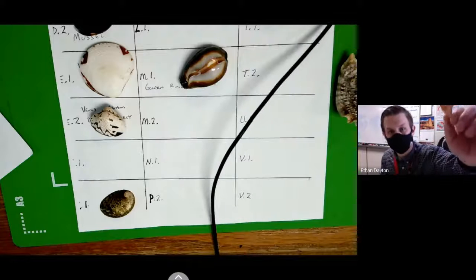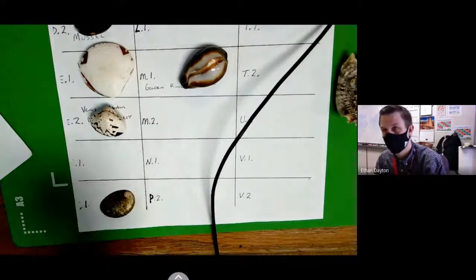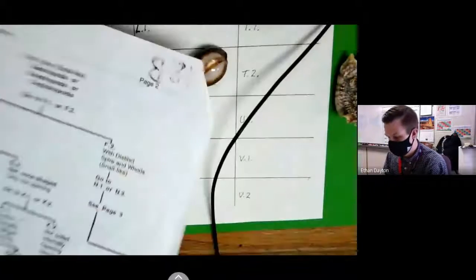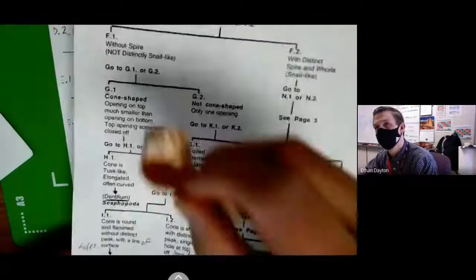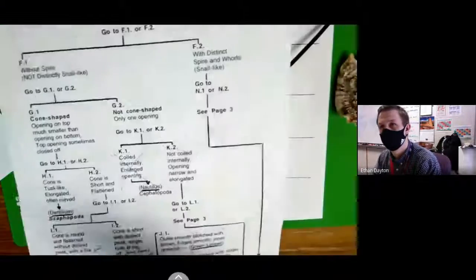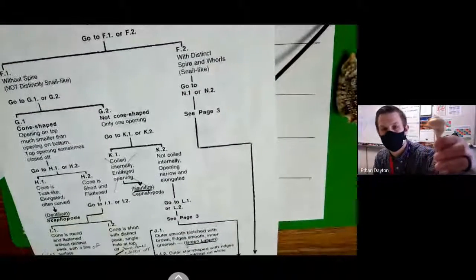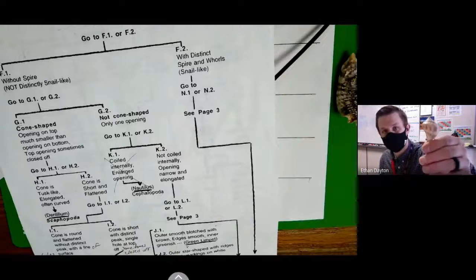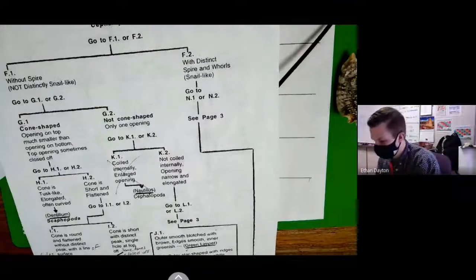Yep, nailed it. Okay, good. So we're gonna go to F1 and F2. That's on page 2. Is it without a spire or with a spire? Cooper, spire or no spire? Spire. So we got to go to N1 or N2.